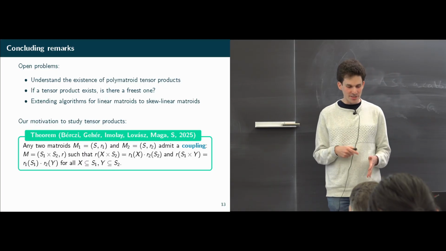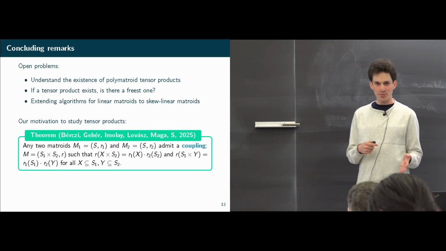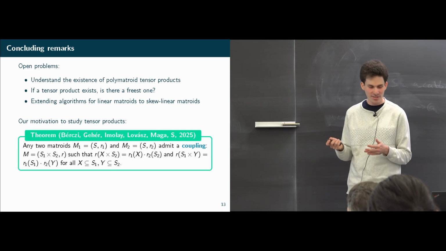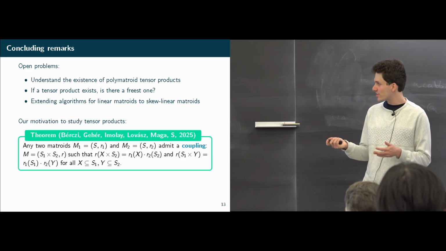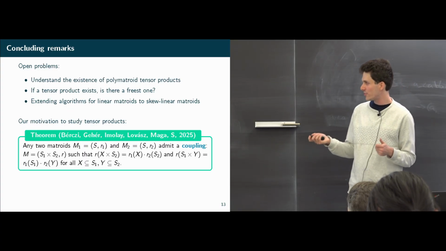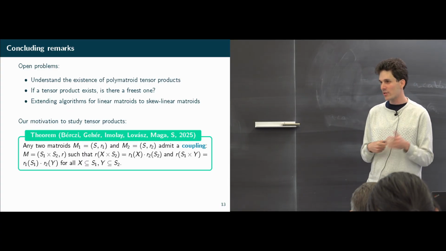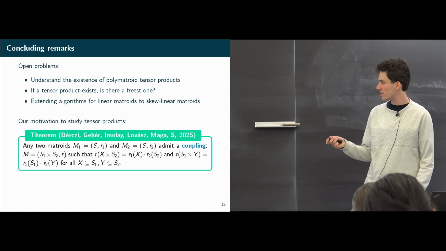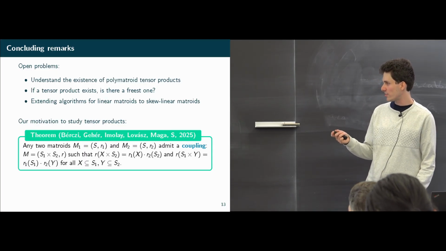And finally, why did we start to look at these tensor products, and why was Lovász also interested in this question? Originally, we showed another statement that any two matroids admit a coupling, where coupling is something used in probability theory, but one can define it for any set functions.